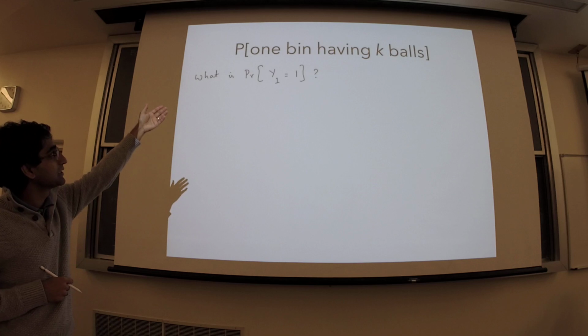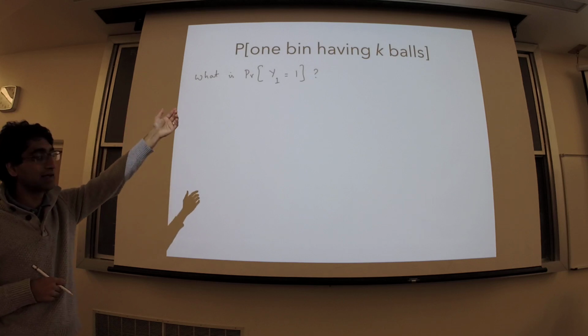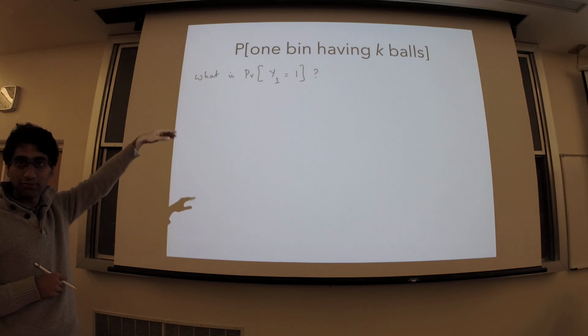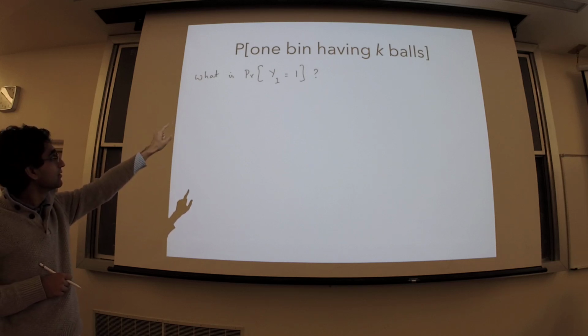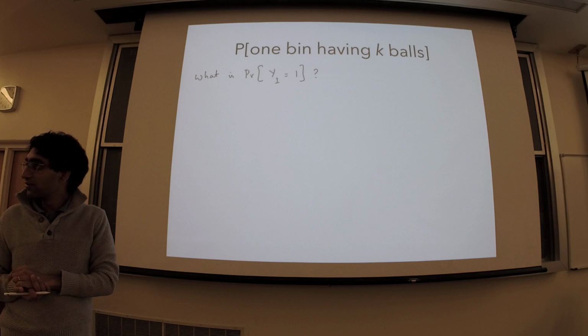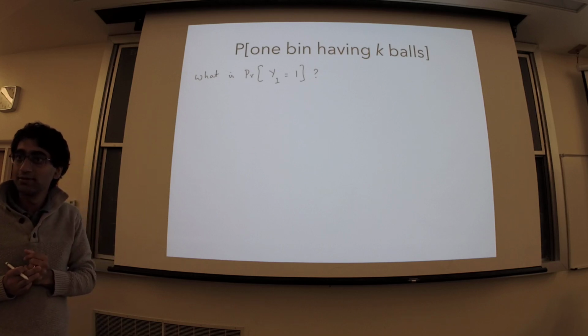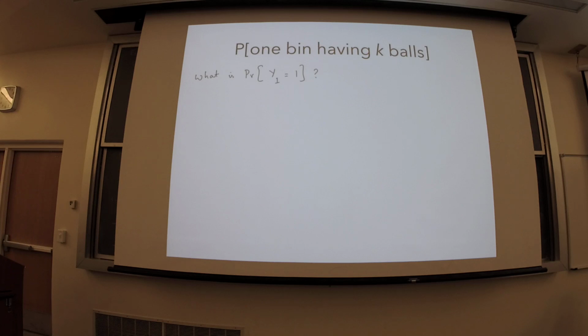What is the probability that one bin has k balls? k equals log n is what we are interested in, but let's look at a more general question. This is something we saw last time. Do you guys remember how we analyzed this quantity? This was the calculation we did when we had k equals 4, right?